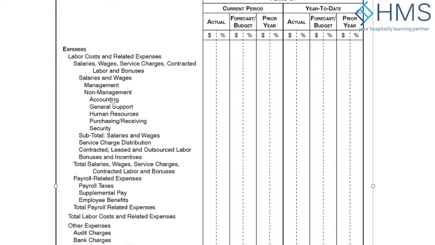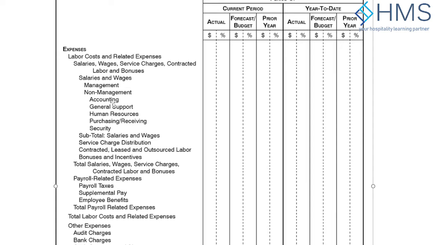Accounting will only be your general ledger accounting, your credit AR function, income audit function, and cost control function. Those departments which are responsible for creating the financial statements, doing the audits of the transactions, and creating the reports will be considered as accounting.